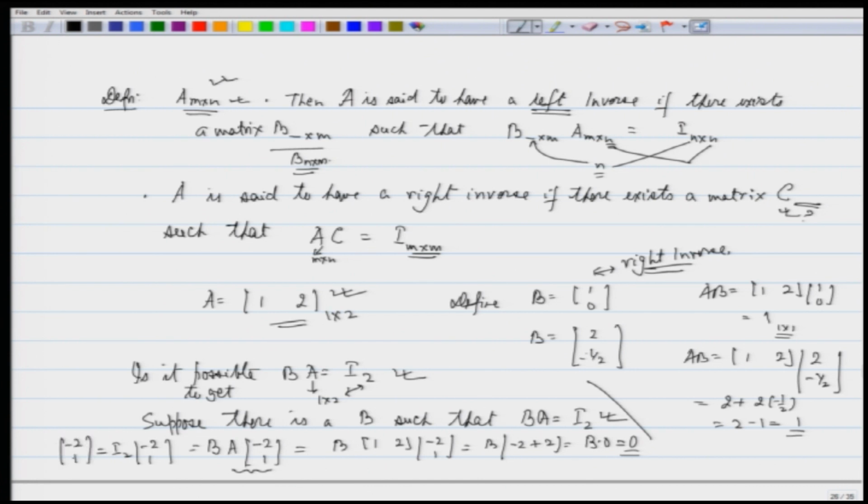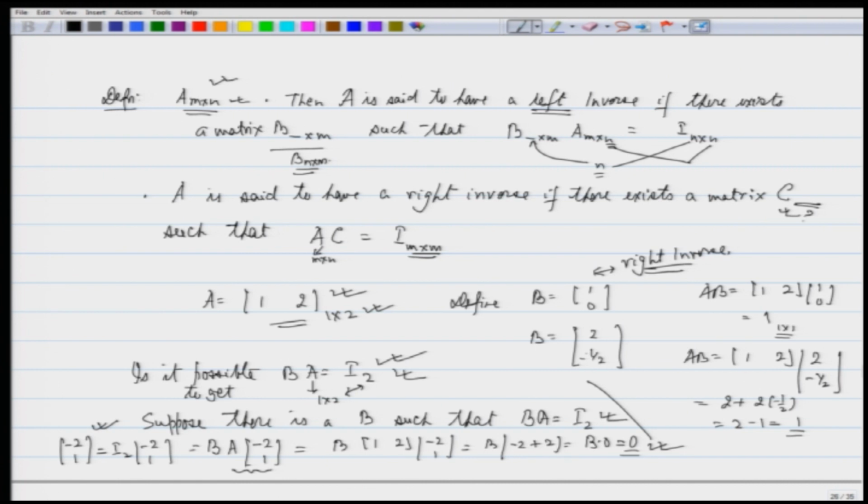So, what we are saying here is that the vector minus 2 comma 1 is the same as the 0 vector, which does not make sense for us. Therefore, given A is a matrix of size 1 cross 2, I cannot get a matrix B such that B times A is I2.